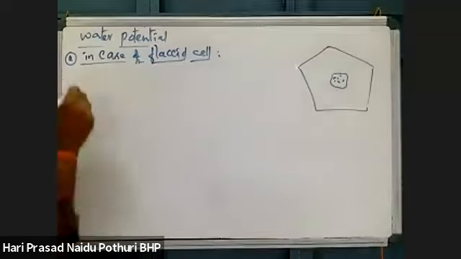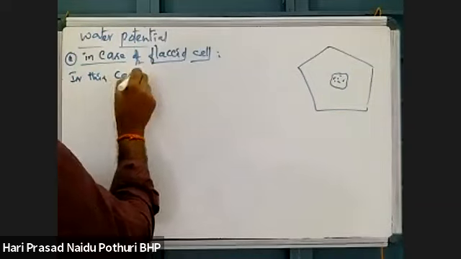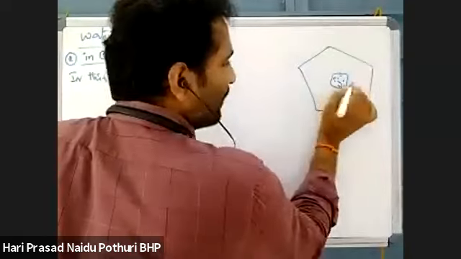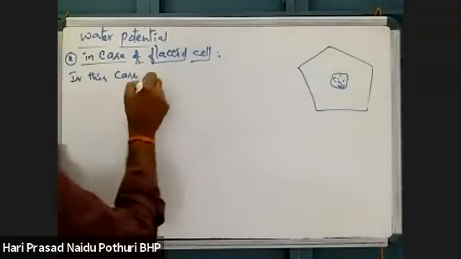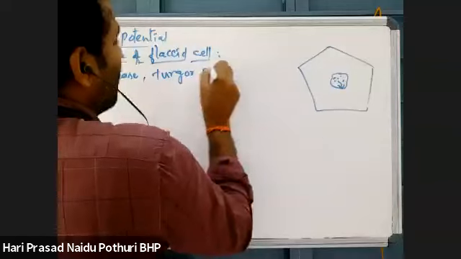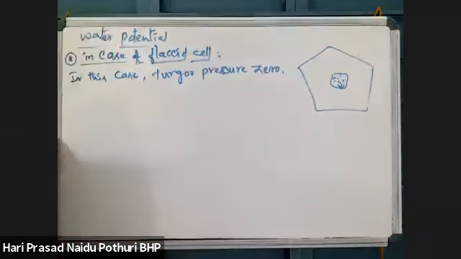So here in this case, the turgor pressure developing here is 0 because the membrane is fully constricted. As the membrane is fully constricted, turgor pressure is 0.